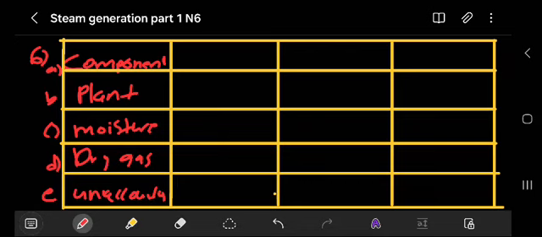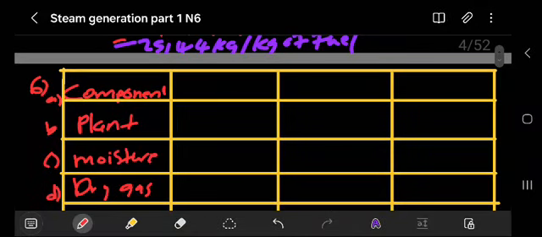All right, so let's start with the fuel supply. Okay, these are the components. Let me put here the fuel supply.